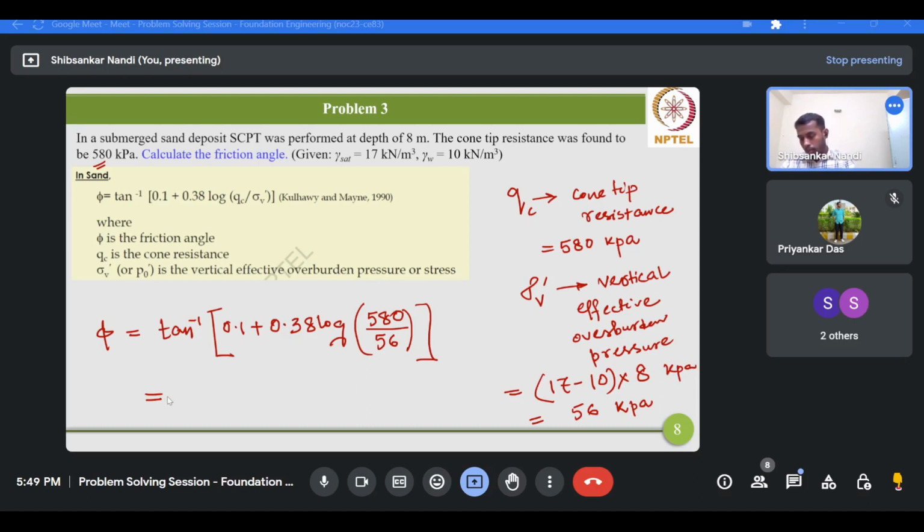Log of 580 divided by 56, multiplied by 0.38 plus 0.1, tan inverse of that will give you 25.9.